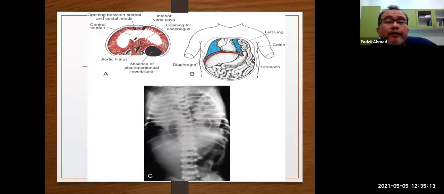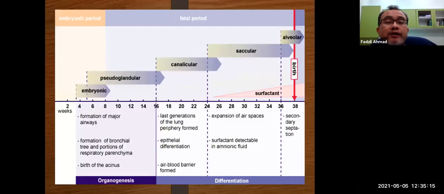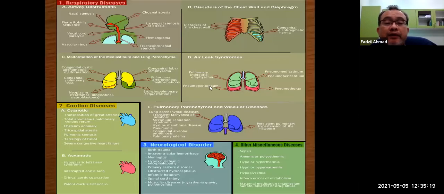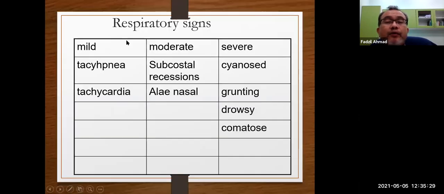So go back to the causes. You can see the causes, there are many. Many neurological, other cardiac, and then the main thing is the respiratory disease. So you must be able to assess in terms of severity, because your management depends on how severe this is.